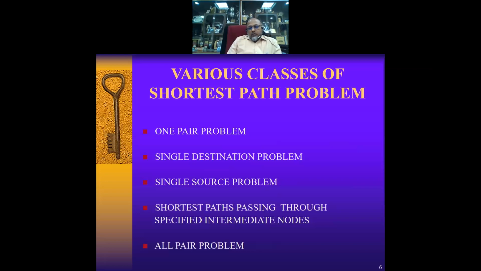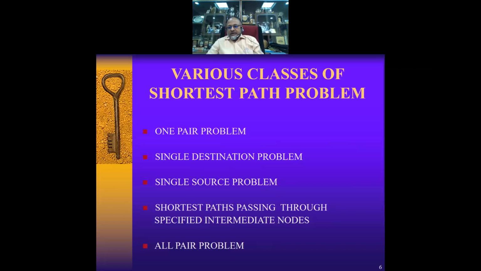Suppose we want to find the shortest path between one pair of nodes alone. That is called a one pair problem. Suppose one wants to move from a city to another city. He does not need the entire shortest route from all the nodes. He wants to travel from a particular city A to another city B. It is a one pair problem.